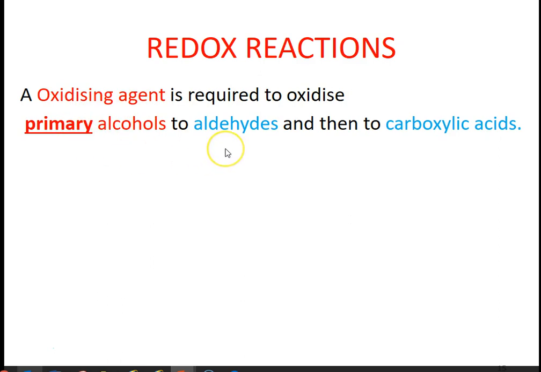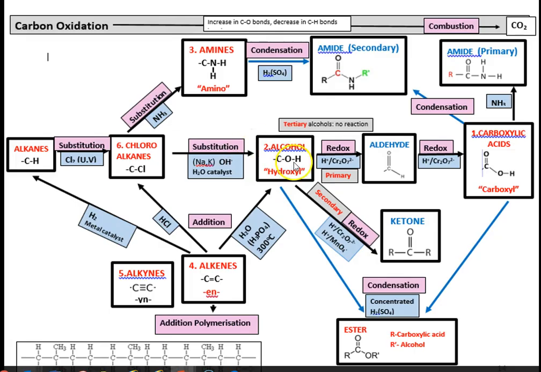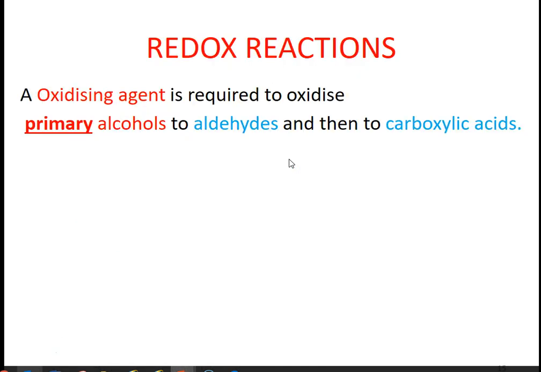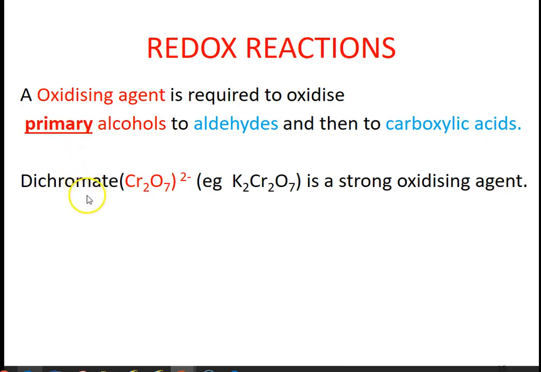To go from alcohol to an aldehyde, you need your OH on the end of the molecule because the carboxylic acid is going to be on the end. So to get the carboxylic acid on the end, you need an aldehyde on the end, so you need your alcohol on the end. So an alcohol on the end is a primary alcohol. And you're going to react that with a strong oxidizing agent. So you need to remember this formula, Cr2O7 2-, dichromate.